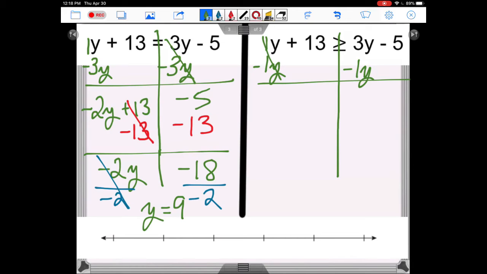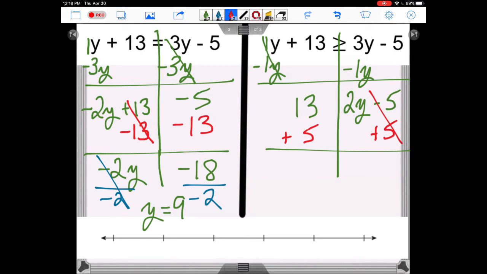And on the other side, 3y minus 1y is a positive 2y. We still have 2y minus 5 on one side, and we still have the positive 13 on the other side. Now what would we do? Well, to get y by itself, we're going to add 5 to both sides.